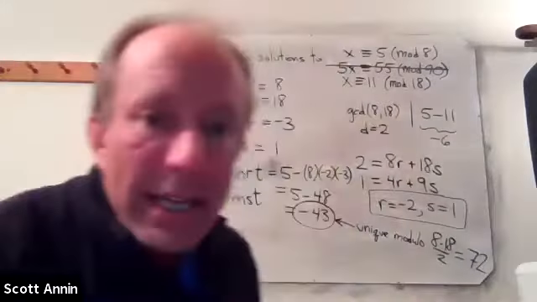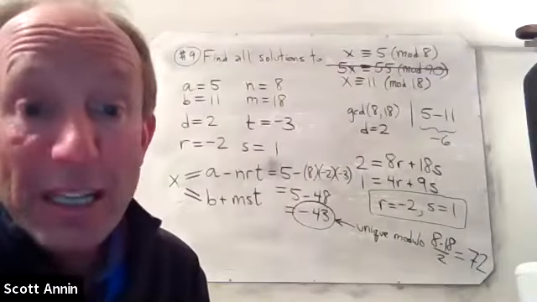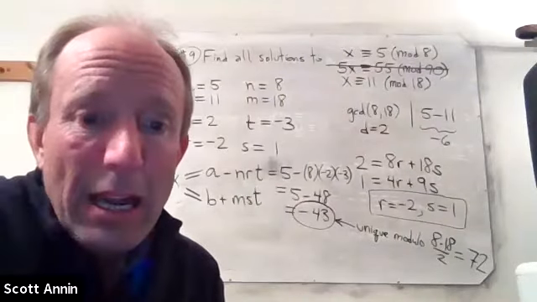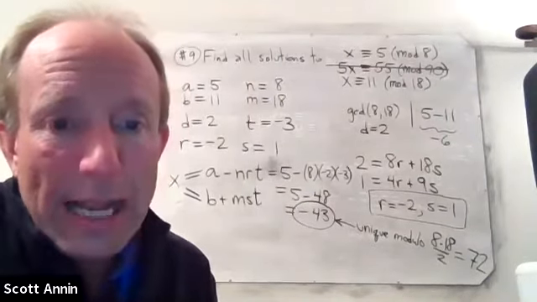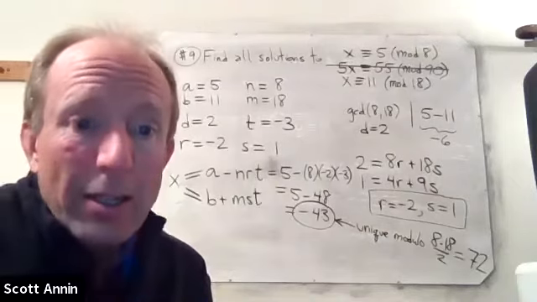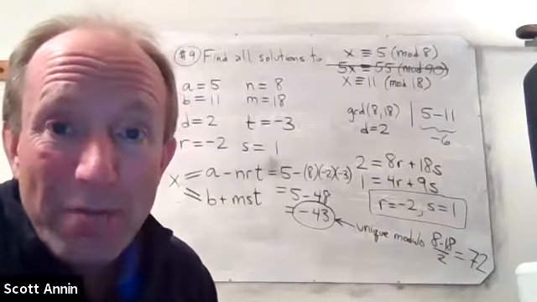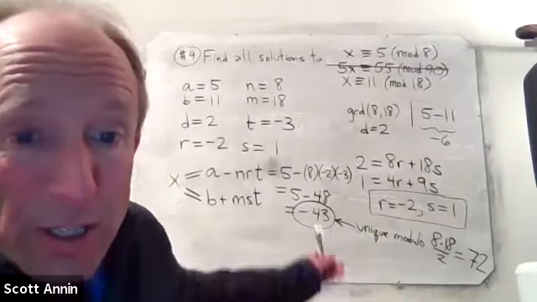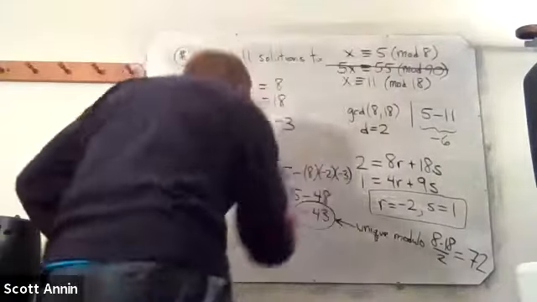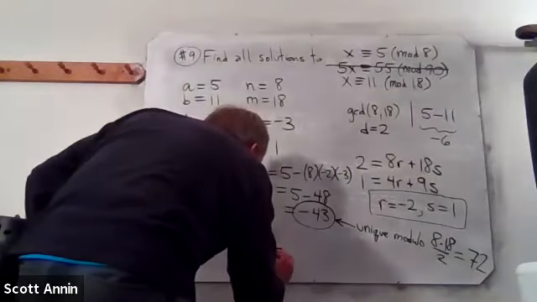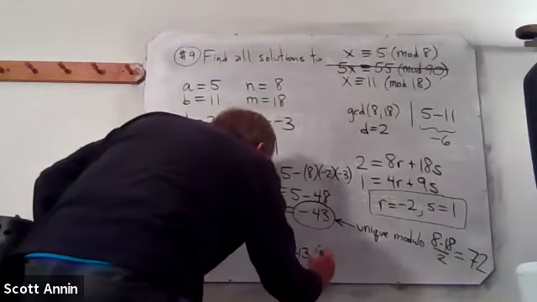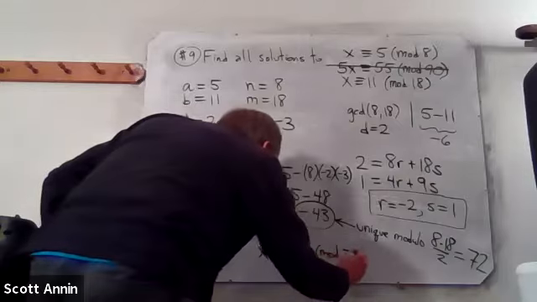So in this case, that would just be 72. The question says find all solutions. So you would basically say that your final answer is any x that's congruent to -43 mod 72.